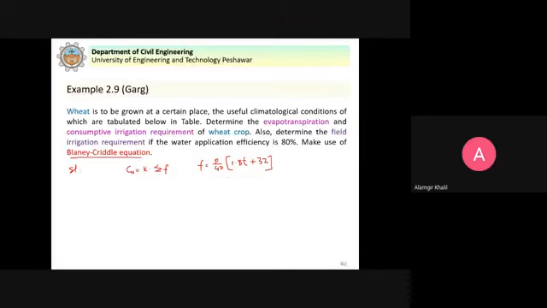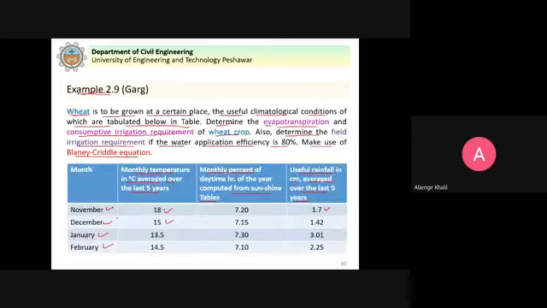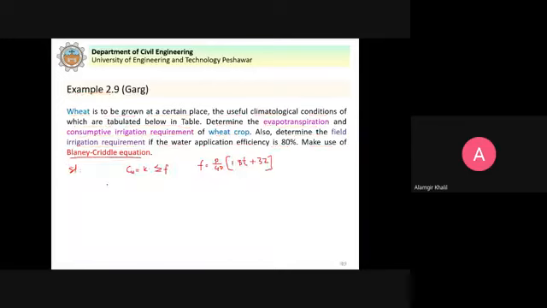So what we can do now is, for the 4 months here, November, December, January, and February, we have to calculate this F. P is given and T is given.